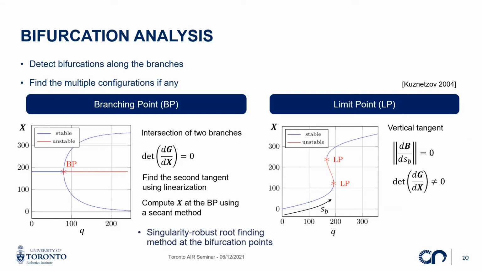And also, this allows us to detect configurations where we could have convergence issues with a standard Jacobian-based numerical method. Instead, we can use a more robust root finding method, such as the second method. So we have a method that ensures that we converge even if we are close to these stability issues.